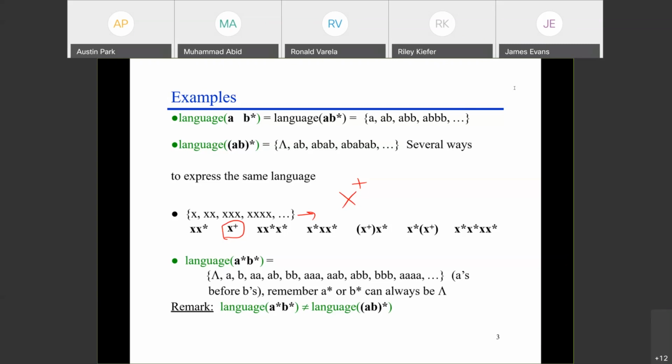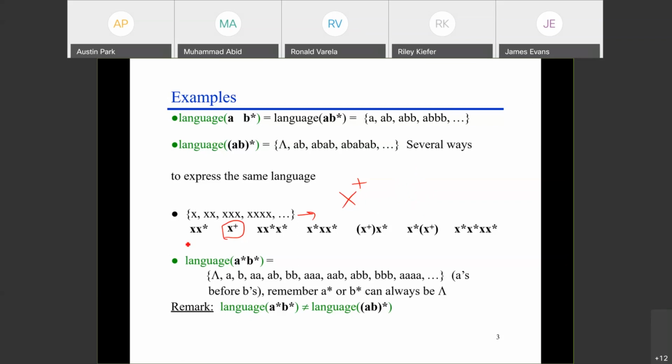So now we are saying that this is the regular expression of this language. Okay. Can we write x star? We cannot write x star, because when we write x star, this will have lambda, whereas this language does not have lambda, so we do not write x star only for this.